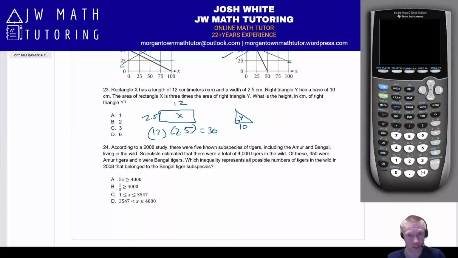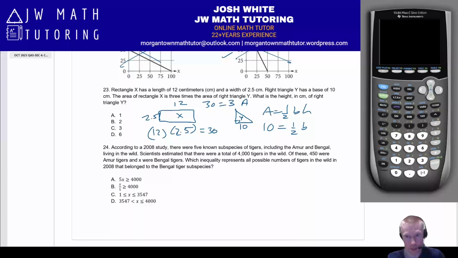Now, they also tell us again, this area is 3 times the area of the right triangle. So 30 is equal to 3 times the area of the right triangle. So what does the area of the right triangle have to be? Well, if you just solve this for A, you can see it clearly has to be 10. So the overall area of the right triangle, which we're going to use 1/2 base times height to figure out, has to be 10.